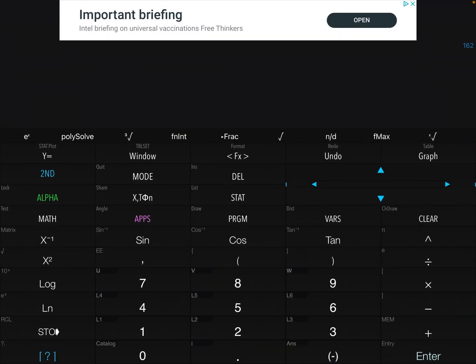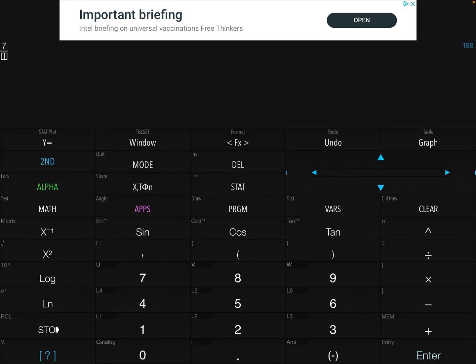Okay, 7 over square root of 2 in the bottom of the fraction. Oh, I lost my square root function. I'll just have to do 2 raised to the 1/2 power then.